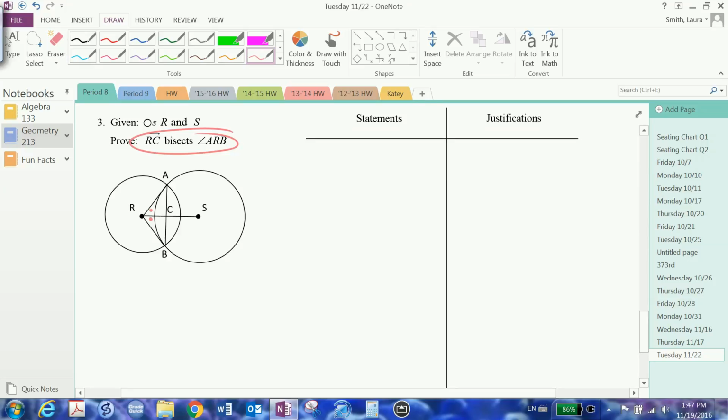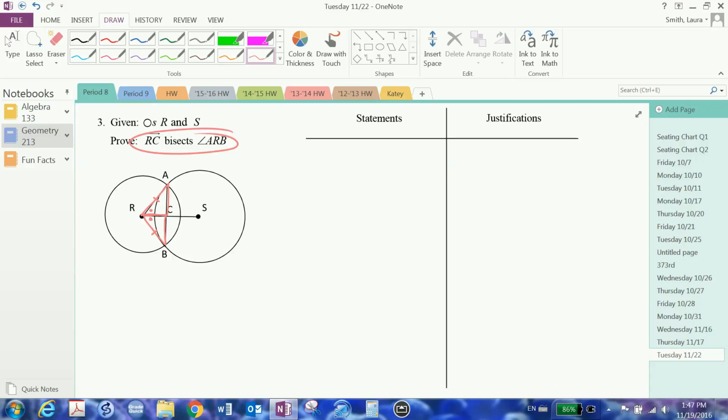Well, if this is a circle, if R is a circle, these are radii, so those are congruent. But if I'm looking at the two triangles that I have, that's kind of all I know. Are you thinking what I'm thinking?